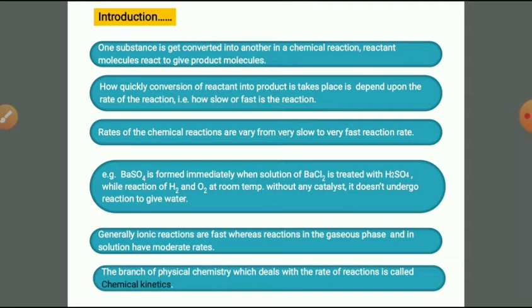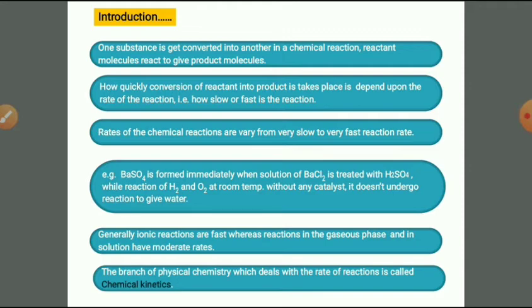While the reaction of H2 and O2 gas at room temperature without any catalyst does not undergo reaction to give the water molecule. So generally, ionic reactions are fast, whereas reactions in the gaseous phase and in solution have a moderate rate.